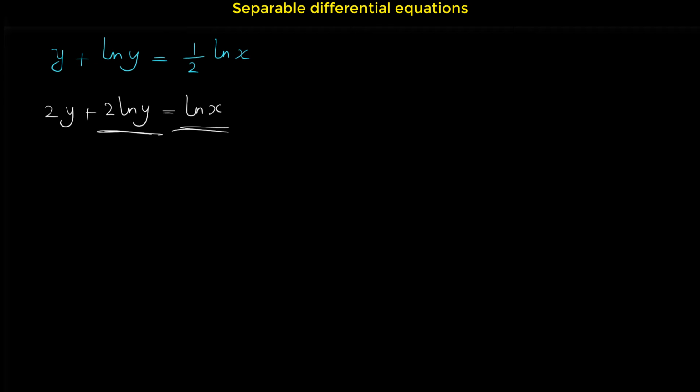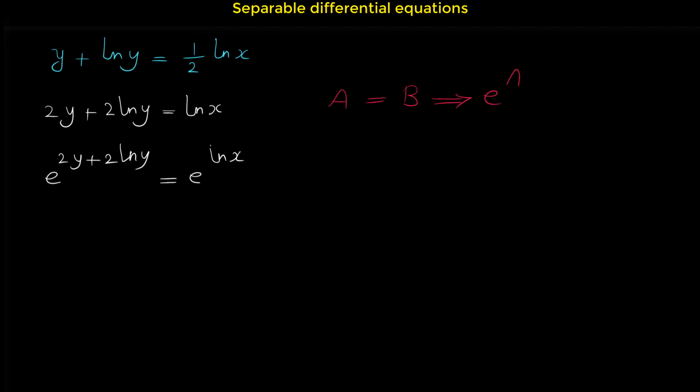So I raise e, the exponential function, to the power of 2y plus 2 ln of y, equal to e to the power of ln of x. Note that in general, if we have a equals b, then we can say e to the a equals e to the b. Here, this is a and this is b. So e to the a equals e to the b.